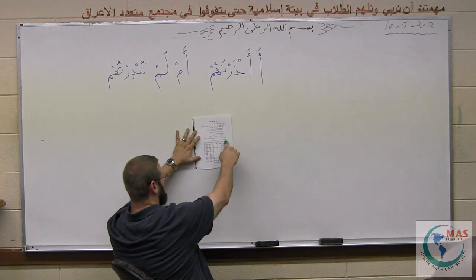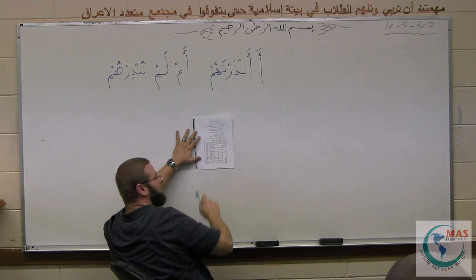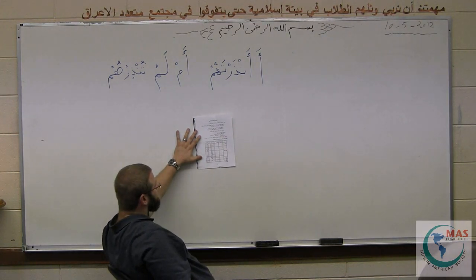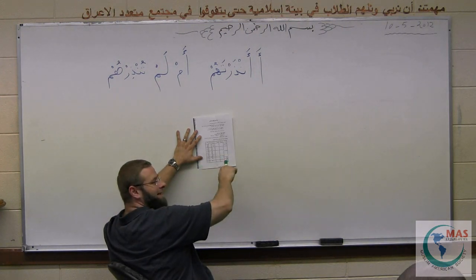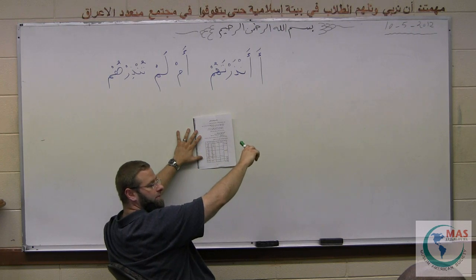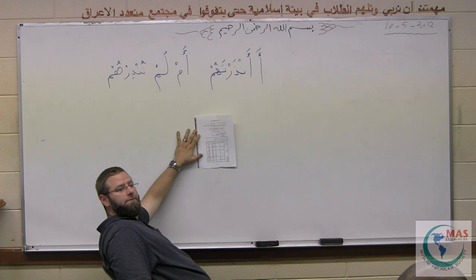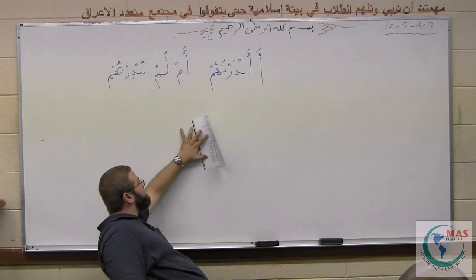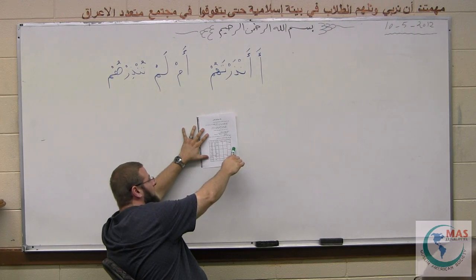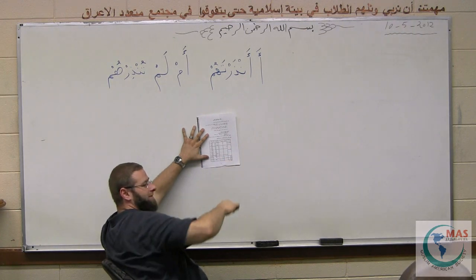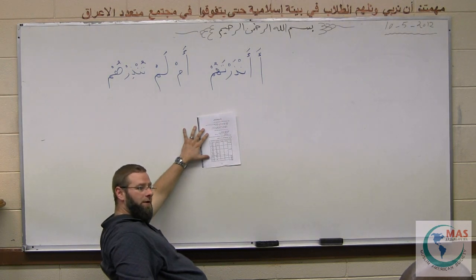The type of root. This says right here at the top right-hand corner, type of root. Thulathi mujarrad, right under it, the basic three-letter root. Thulathi mazid, three-letter root with additives.